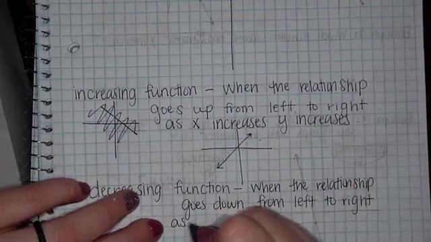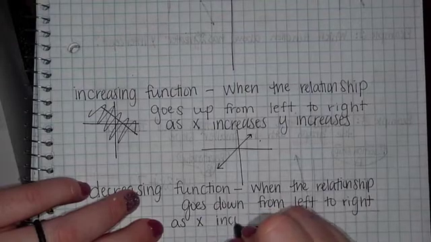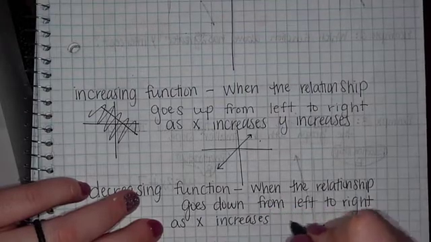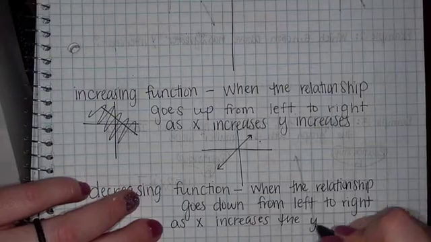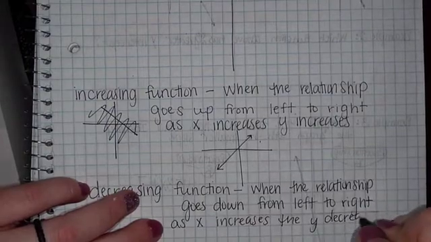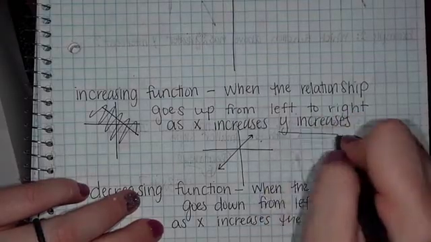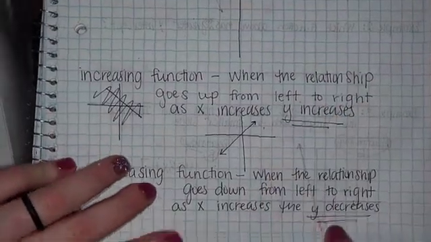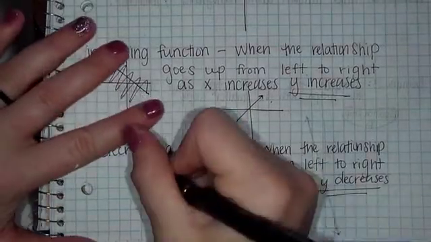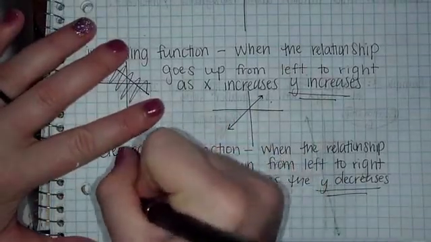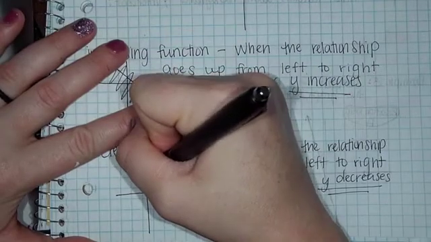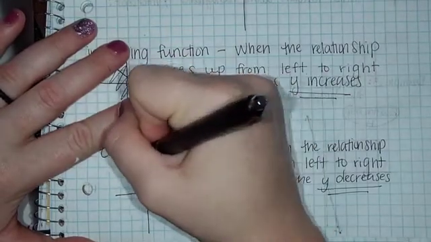So as x increases, the y decreases. That one said increases, that one says decreases. And then let me draw the graph. So that's what decreasing looks like.